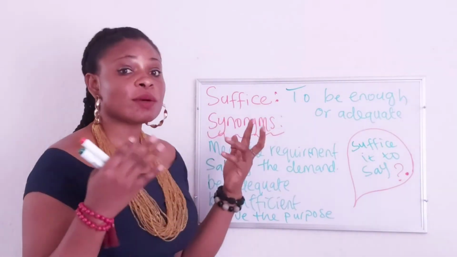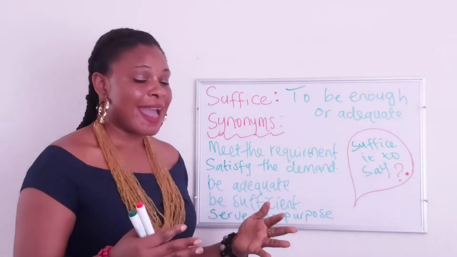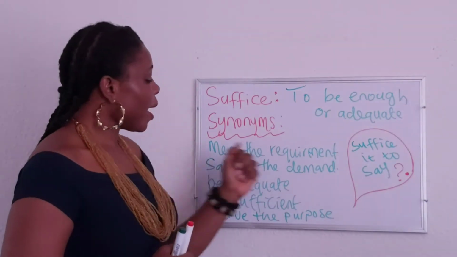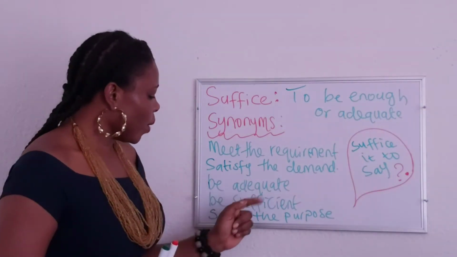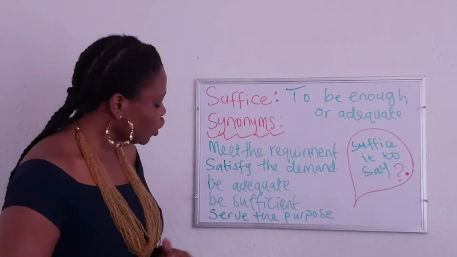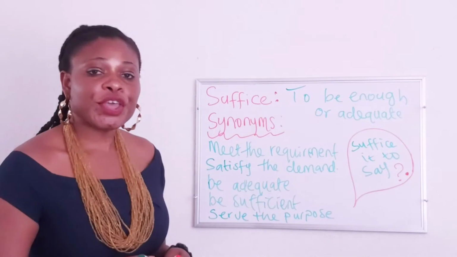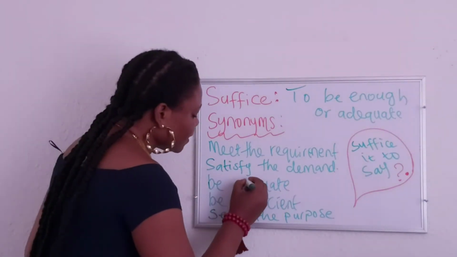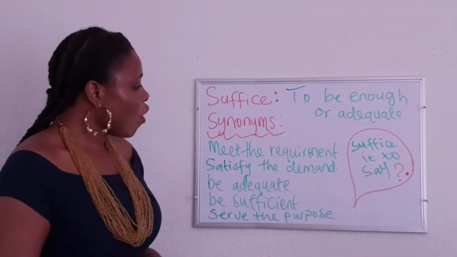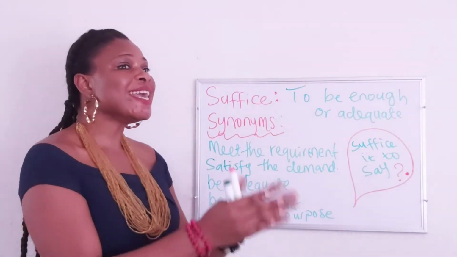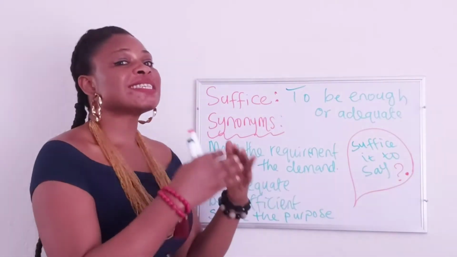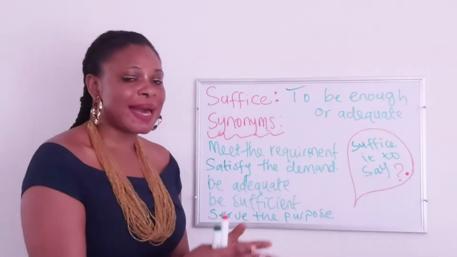And here are some synonyms of suffice. I have meet the requirements, satisfy the demand, be adequate, be sufficient, serve the purpose. So all these are the synonyms of suffice, which simply means to be enough, to satisfy the demand.